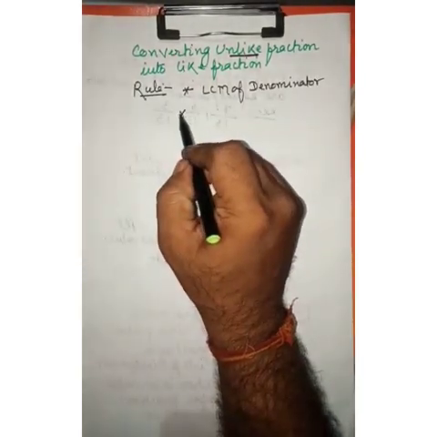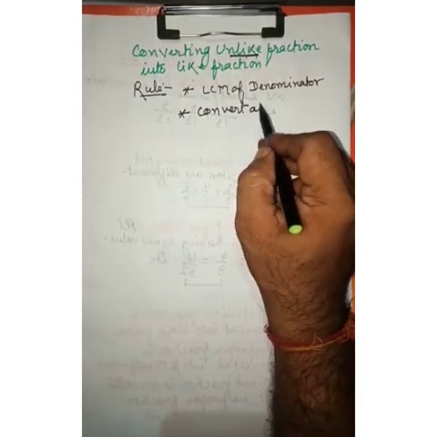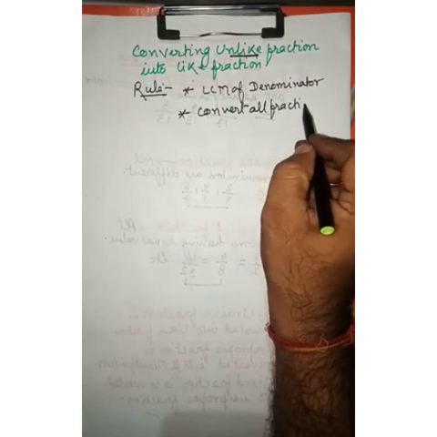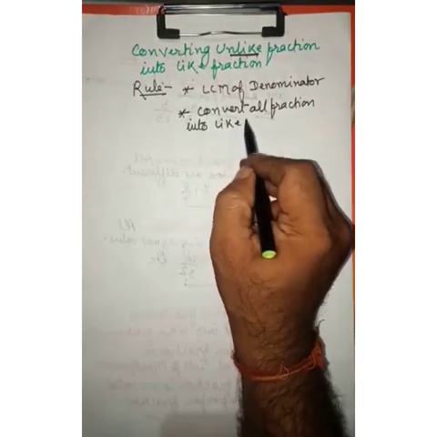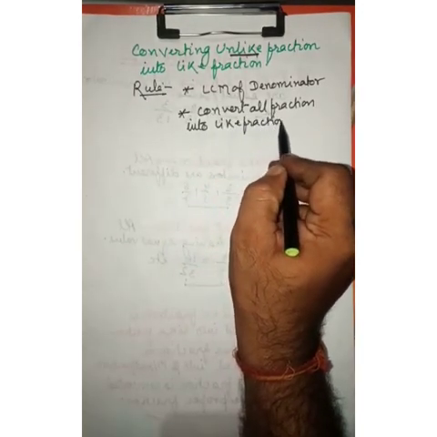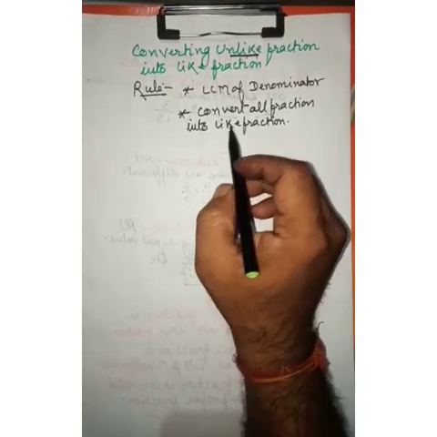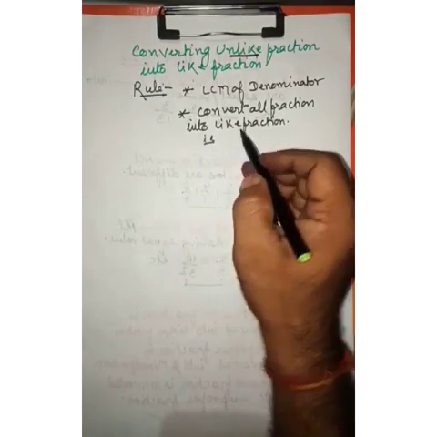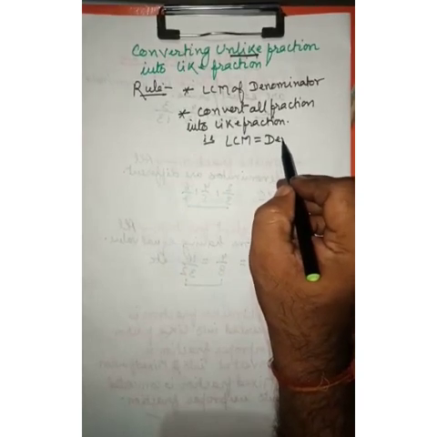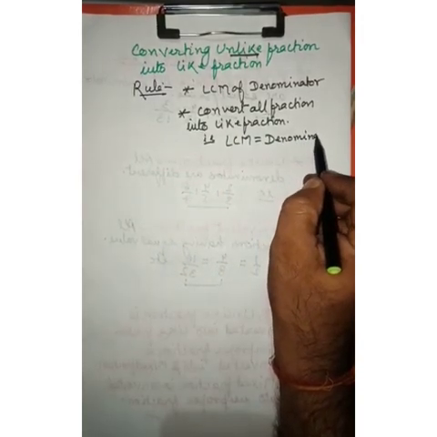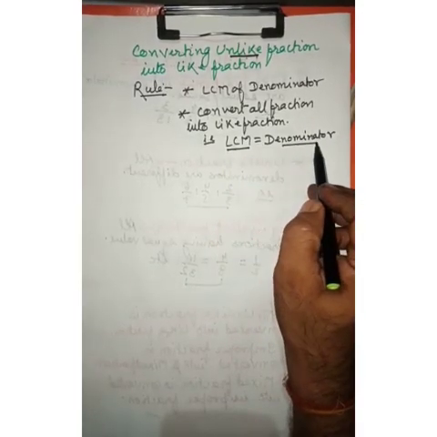Second, we have to convert all fractions into like fractions. Now how to convert into like fraction? We have to make all denominators equal to the LCM.